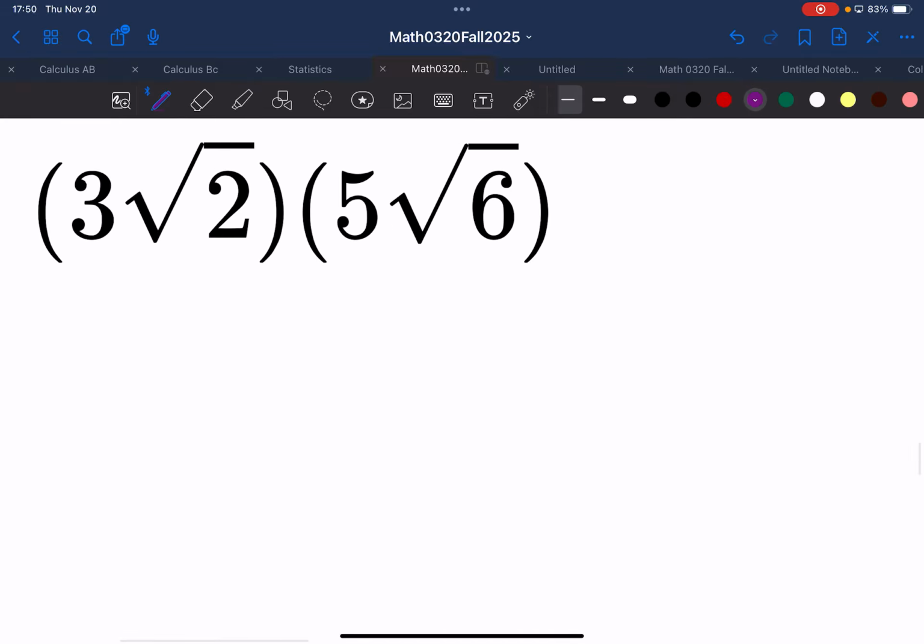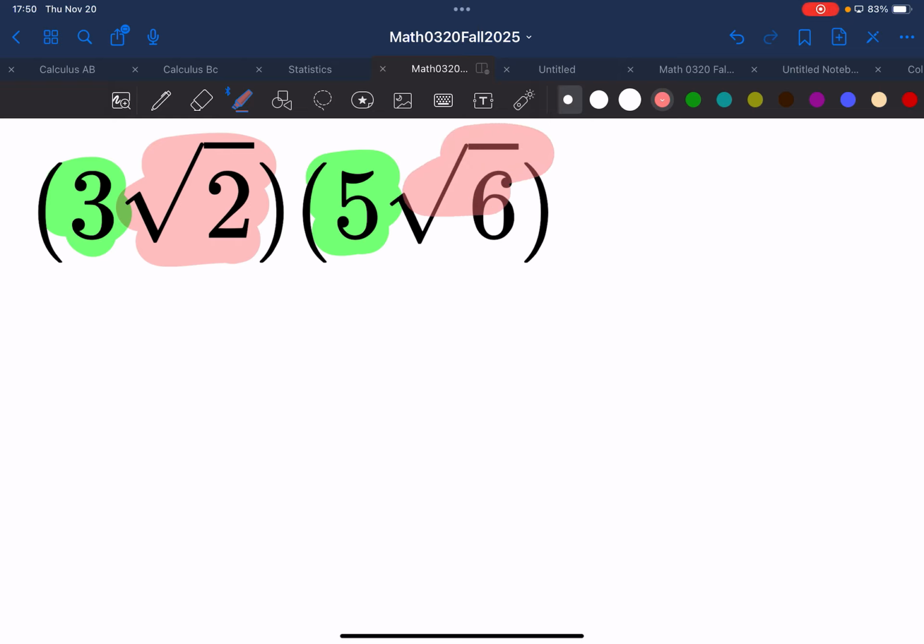So this is the first example here. Notice we have both of them as square roots. Okay, that means we're able to multiply. They're both exactly the same root. We then just need to identify what is the radical and what is the coefficient. So we see coefficient 3 and 5, and radical, or square root of 2, square root of 6.